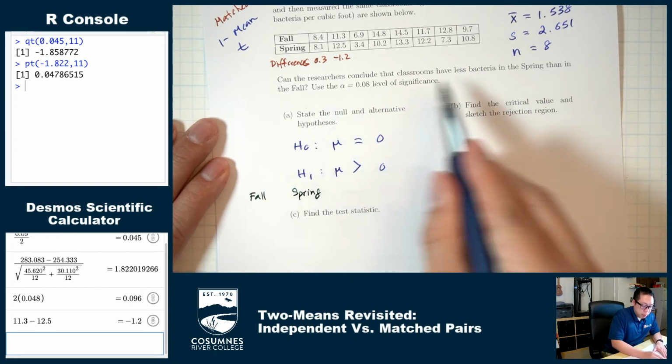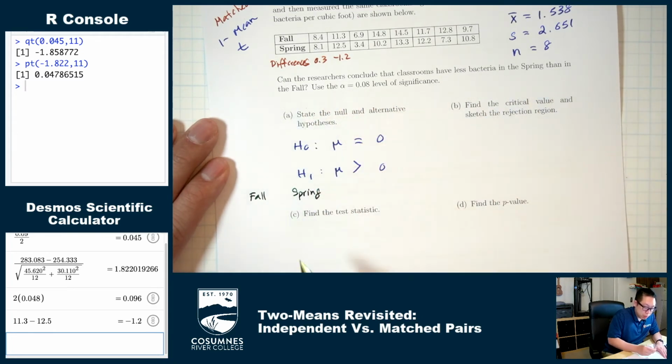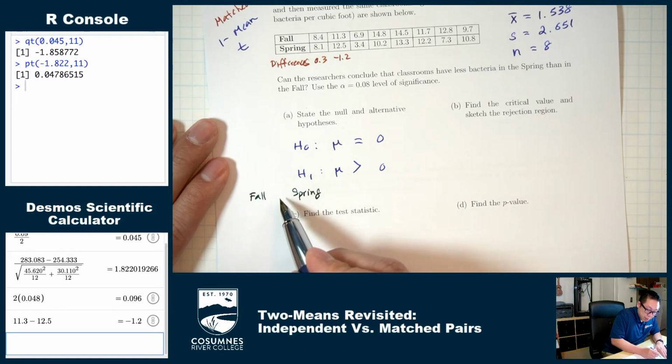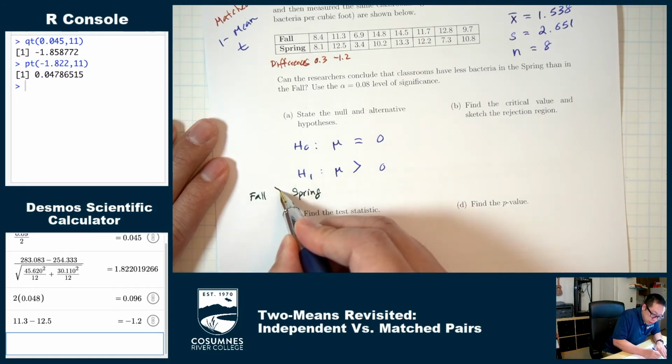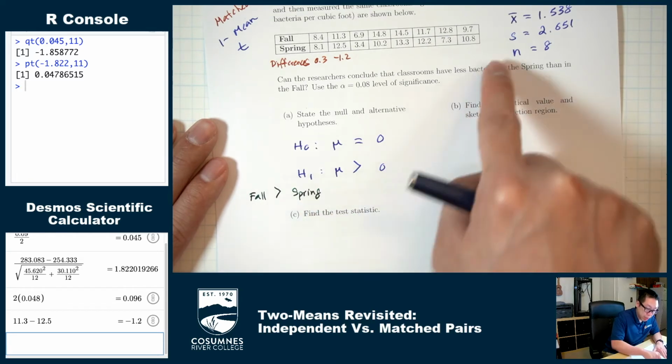Now, this phrase, less bacteria in the spring than in the fall. What does that mean? What symbol will go here? Less in the spring. So the spring is less, which means the correct symbol that goes here should be that, because that is saying spring is less than fall, which is the same thing as saying fall is greater than spring. Okay, so this is the correct symbol based on this sentence.